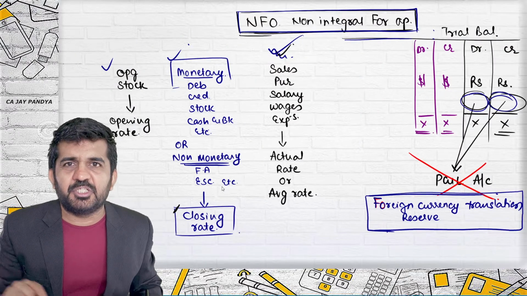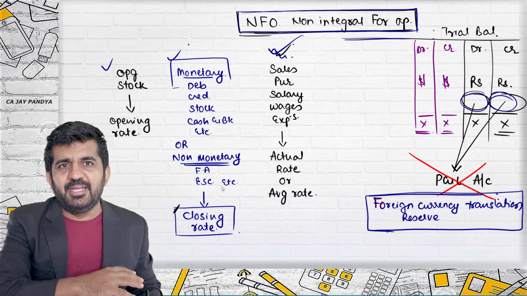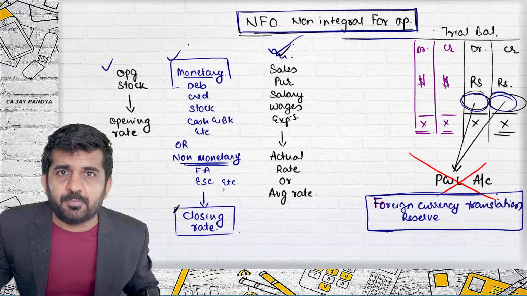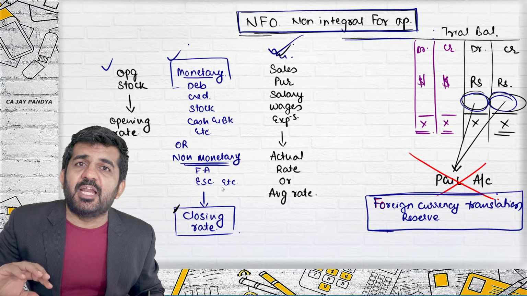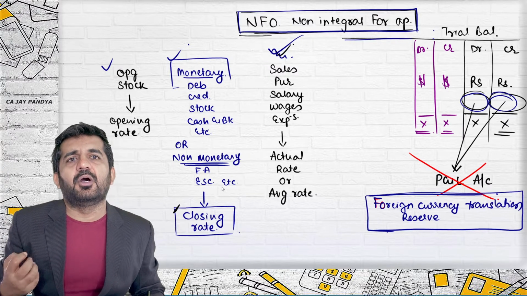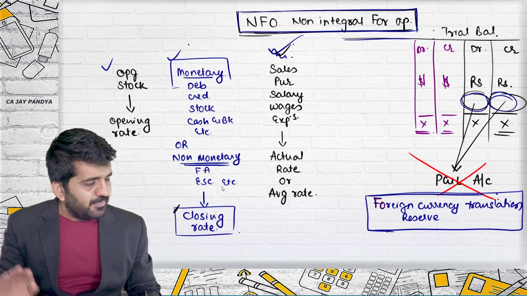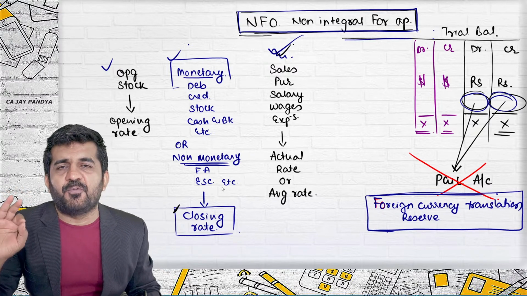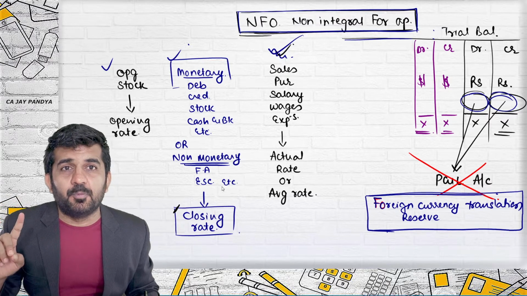Non-integral foreign operations, opening stock at opening rate, purchase, sales and all daily routine at average rate, it is the same as integral foreign operations. Balance sheet items, monetary as well as non-monetary, will be converted at closing rate.